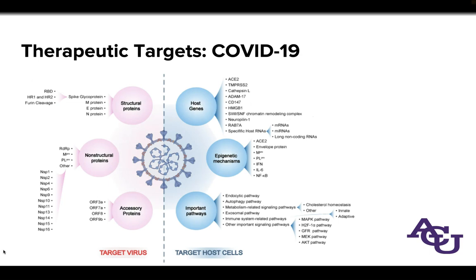Now, to pick an example that many of us have become all too familiar with over the last 3 years, if we're looking at COVID-19, there are a host of different targets that can be used, because if we see how the virus gets into the cell, and in fact, the things within the cell that you might target to try and shut things down, we have a large swath here.